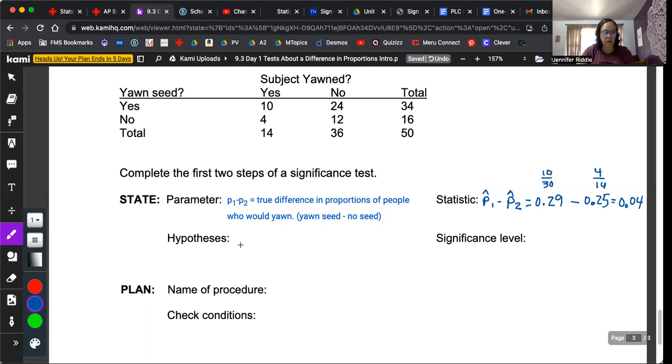All right, so then my hypotheses. We want to know, is yawning contagious? So if it's not contagious, there should be no difference between our p1 and p2, because yawning is not contagious. It doesn't matter if there's that yawn seed or not.